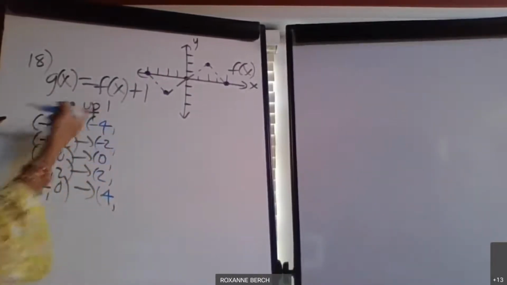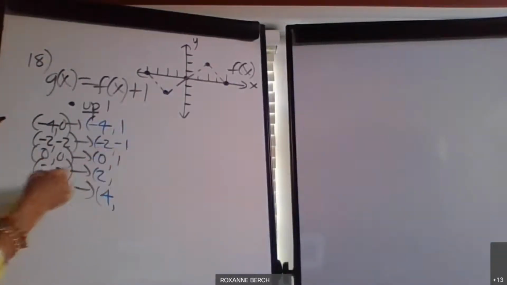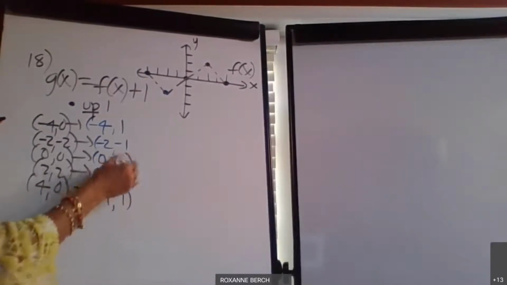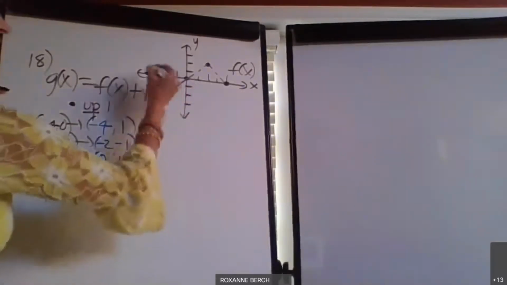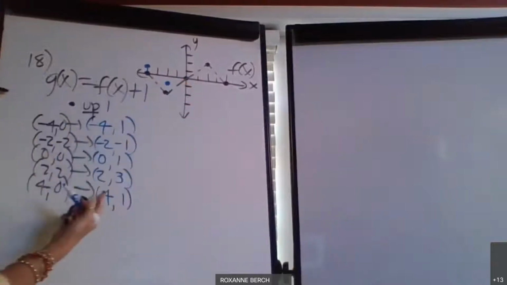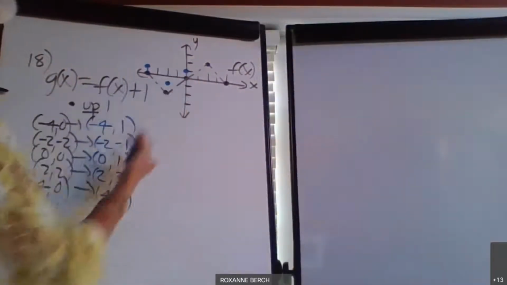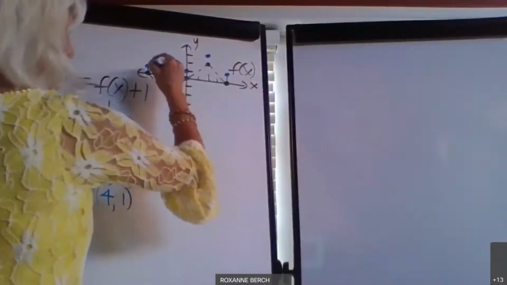So can I just add 1 to y, add 1 to y, add 1 to y, add 1 to y, add 1 to y? So our new graph, isn't it left 4, up 1, left 2, down 1, 0, up 1, right 2, up 3, and right 4, up 1?